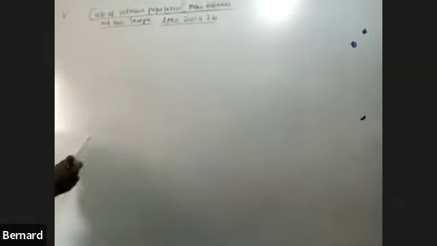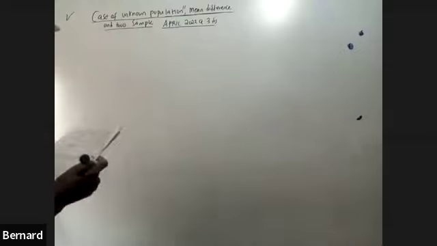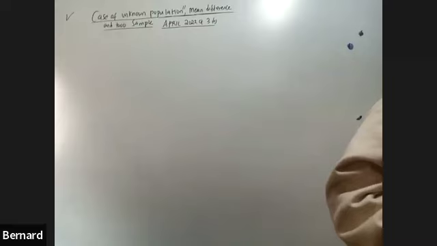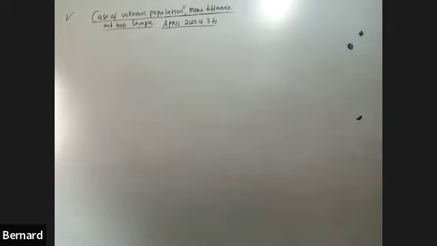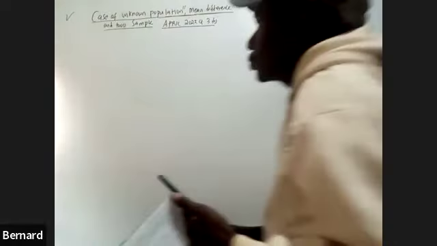In the case of unknown population, the total sample and the mean difference. So just open the past paper. Let us open the past paper for April 2022, question number 3B.